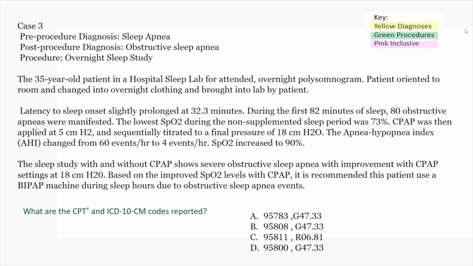The sleep study with and without CPAP shows severe obstructive sleep apnea with improvement with CPAP settings at 18 centimeters H2O. Based on the improved SpO2 levels with CPAP, it is recommended this patient use a BiPAP machine during sleep hours due to obstructive sleep apnea events. What are the CPT and ICD-10 codes reported? Coders, you have 2 minutes.